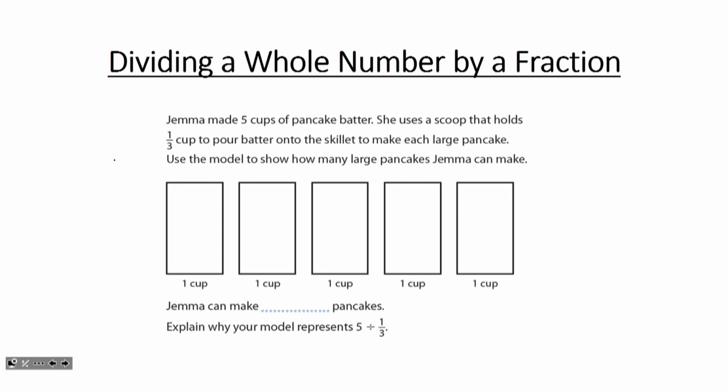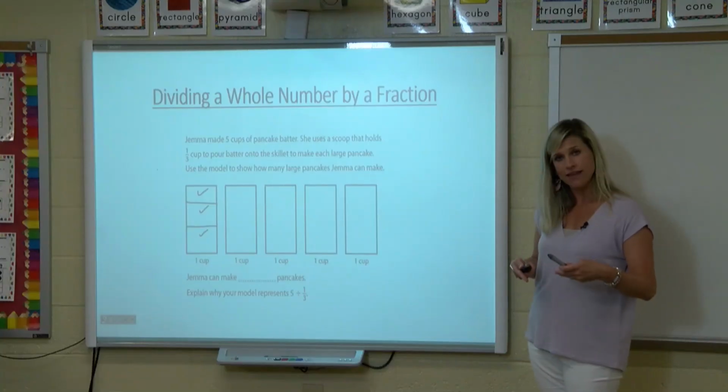So I want you to think about 1 whole cup of mix. And in that cup of mix, she's able to scoop out 1/3 cup, 1/3 cup, 1/3 cup for pancakes. So if I have 1/3 cup, 1/3 cup, there, that's 3 large pancakes that she can make.